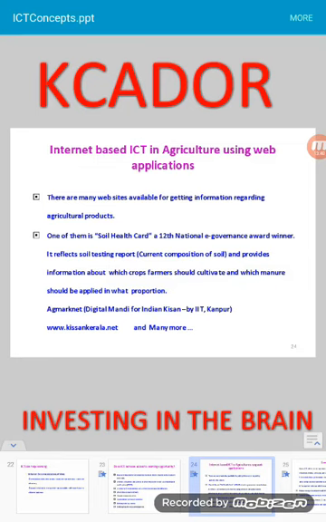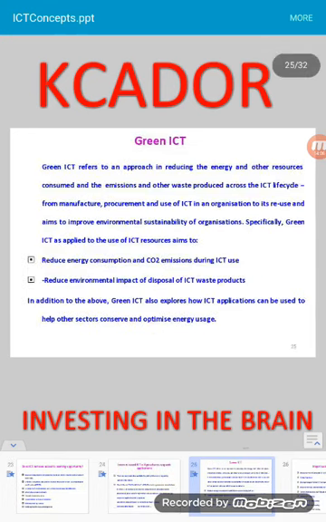It reflects the soil testing report, that is, the current composition of soil, and provides information about which crops farmers should cultivate and which manure should be applied in what proportion. So farmers can search and find the information they want, and it is really important.